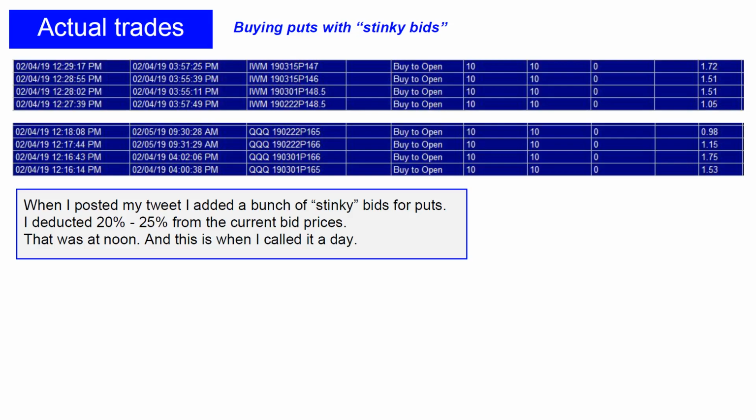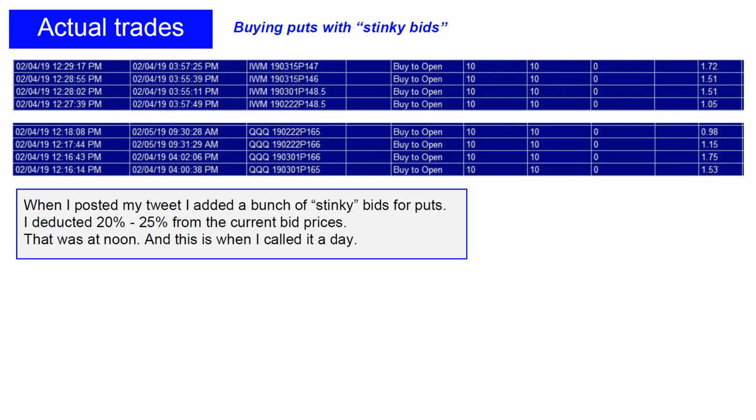If I'm wrong about the moment and the market moves up, or even if the market stays at this level at the top, the premium for the puts would keep moving down. Any additional spike would immediately lead to a decrease of the value of your puts by 20%, 25%.